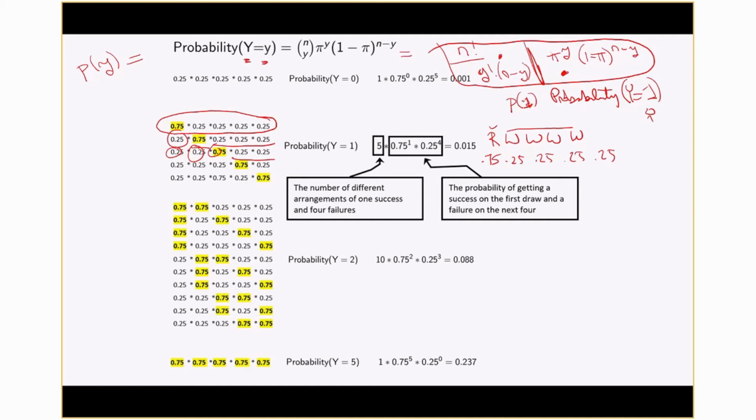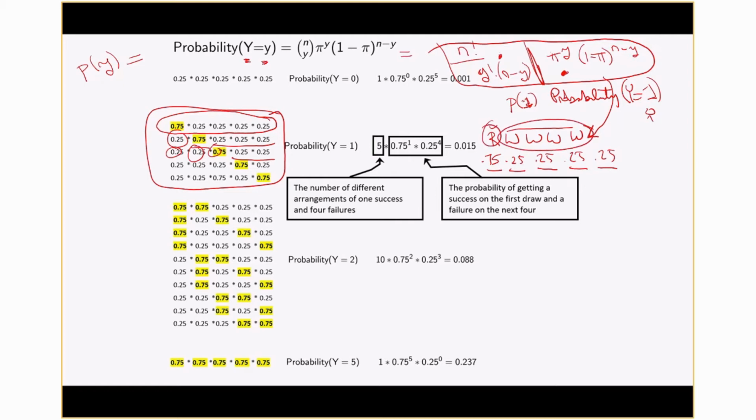So this right-hand part is going to be 0.75 times 0.25 times 0.25 times 0.25 times 0.25. So that part is pretty obvious. The second part that's not so obvious is recognizing why we've got to multiply that by the number 5. Where does that number 5 come from that says there are 5 different ways in which we could get 1 red and 4 white?